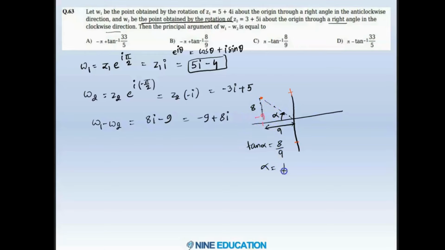So alpha value is tan inverse 8 by 9. Now for the principal argument of a complex number, we measure from the positive x-axis and we can go till pi. So going in the anti-clockwise sense, I have to write the answer as pi minus alpha, which is pi minus tan inverse 8 by 9, which is option C.